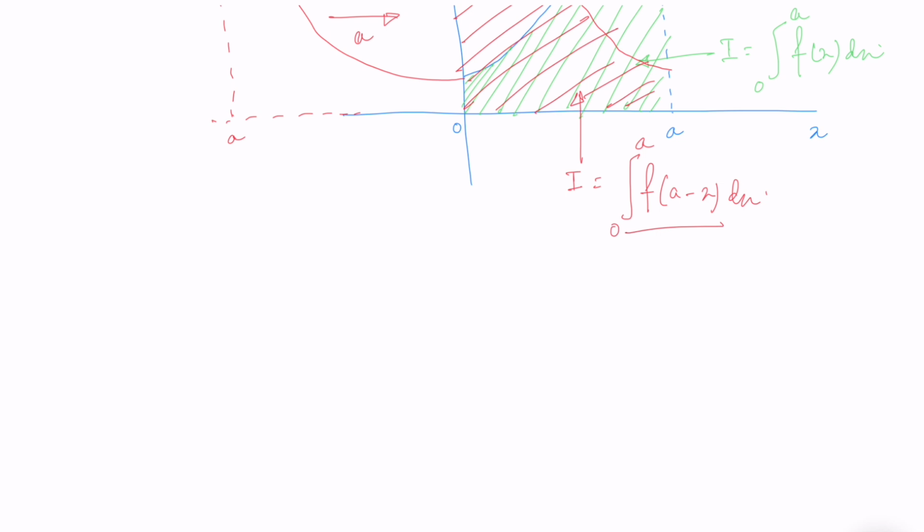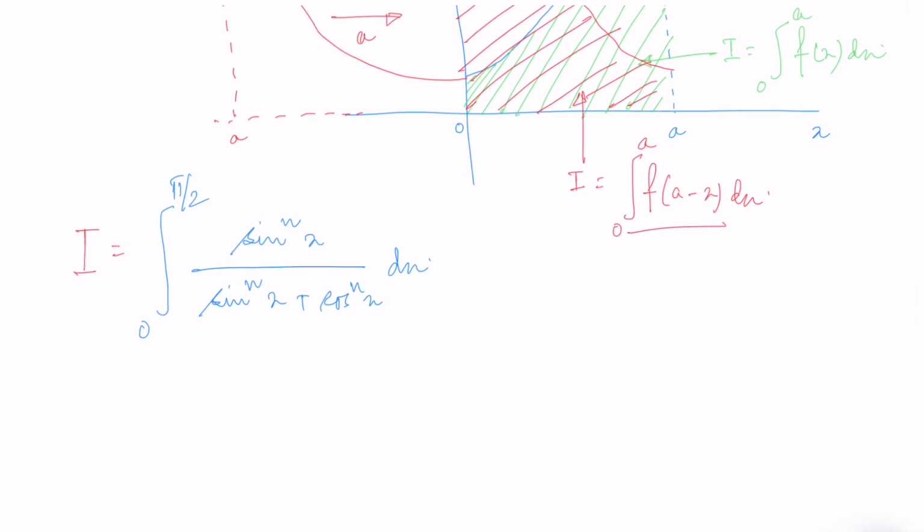So now going back to my original integral, what was the integral? I'm going to write it out again, changing to blue ink now. So it was the integral from 0 to pi by 2 of sine to the power n x by sine to the power n x plus cos to the power n x dx, right?